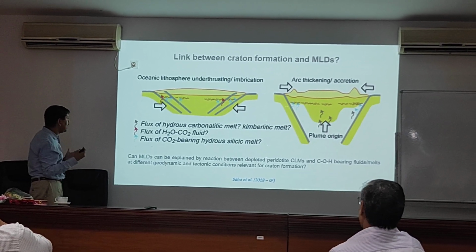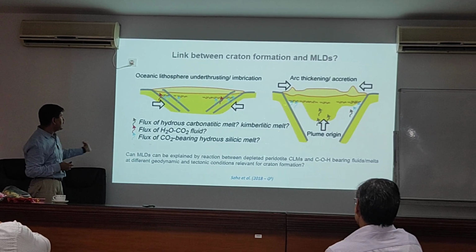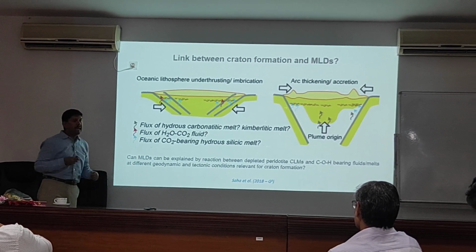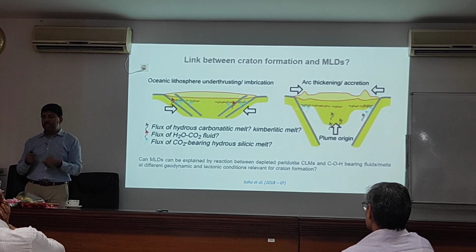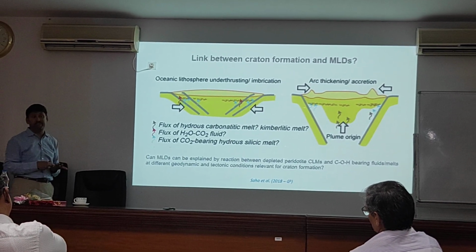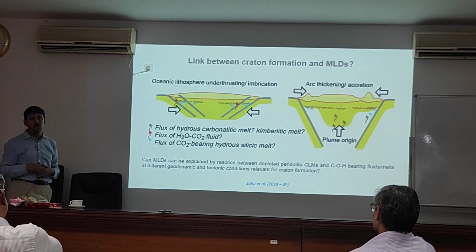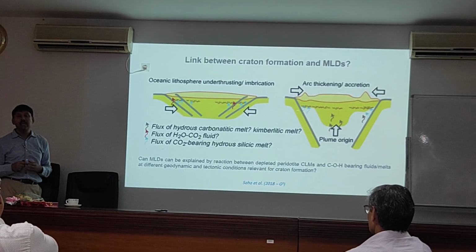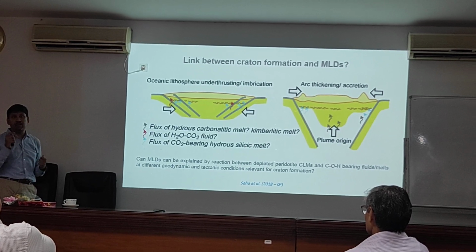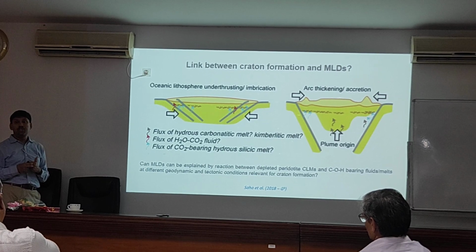So one of the things we asked ourselves: if there is a flux of hydrous carbonatitic or kimberlite melt or a flux of fluid, can within-lithosphere processes stabilize volatile-bearing mineral phases in that interaction, such as formation of amphiboles, phlogopite and carbonates? The interesting thing about the stability of those phases is that they all have intrinsically lower shear wave speed.